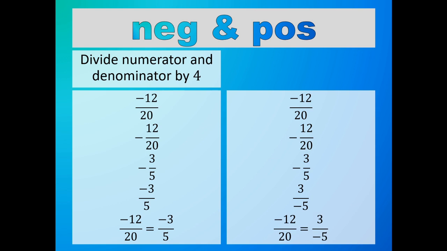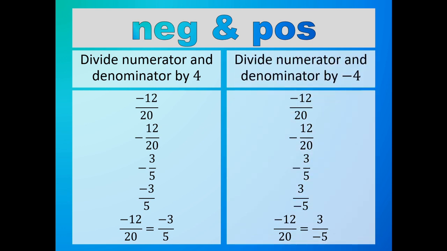So we end up with -12/20ths is equal to 3 divided by -5. Now how would we have gone directly from -12/20ths to 3 divided by -5? Well, we would have divided both the numerator and denominator by -4. Therefore, in both of these cases, simplifying fractions still works.